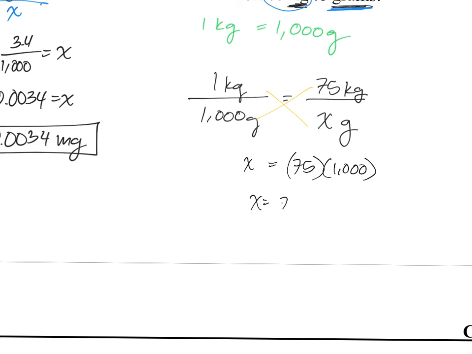So x equals 75,000. What was the unit I was solving for? Where's my variable? The units were grams. So my answer is going to be 75,000 grams.